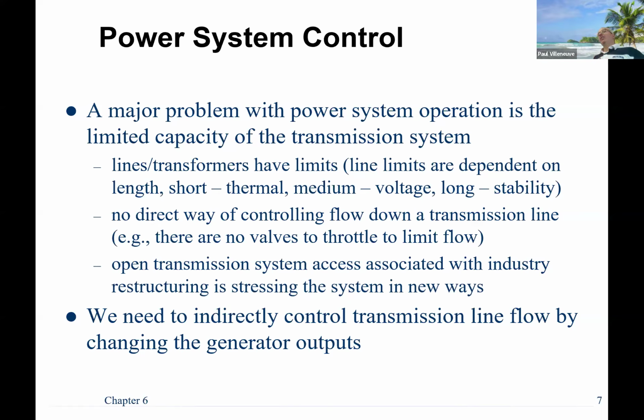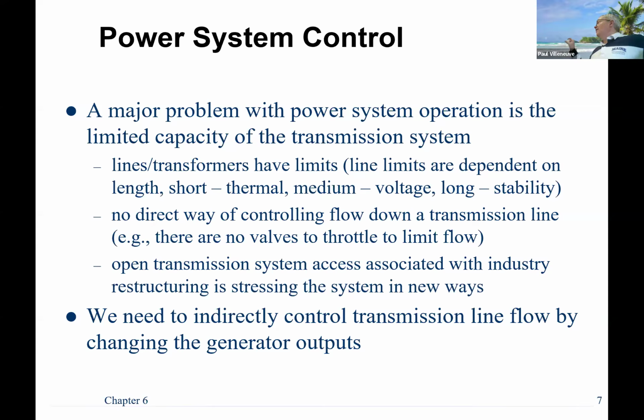So the utilities will rate them differently depending on what the expectation is. And if those ratings are exceeded, people have to start taking that into account and make some changes. Long-term emergencies might be in the summer when it's really hot. Okay, you've got 8 hours to bring the line back down. So we're going to run it hot for maybe 2 hours, and then we're going to back it off below, because that shouldn't damage the line.